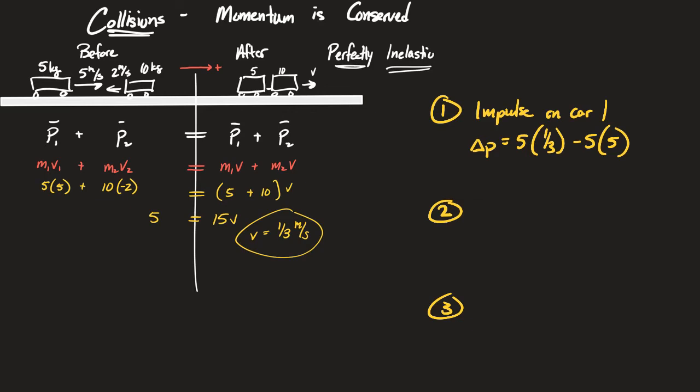Now, I could definitely make you tell me the impulse on car 2. Which, based on what I'm looking at here, is going to be 10 times 1/3 minus 10 times -2.